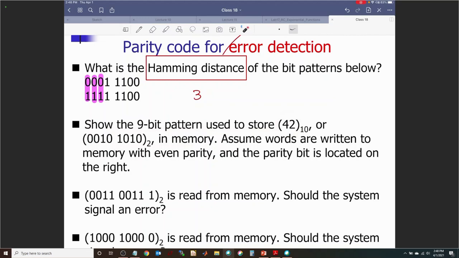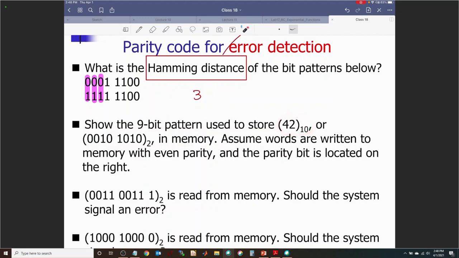What we are going to assume is that the words are written to memory with even parity, right? Code words that are written to memory are always going to have even parity. And the parity bit is located all the way to the right, just as we did in our 4-bit word example. So what is 42 base 10?